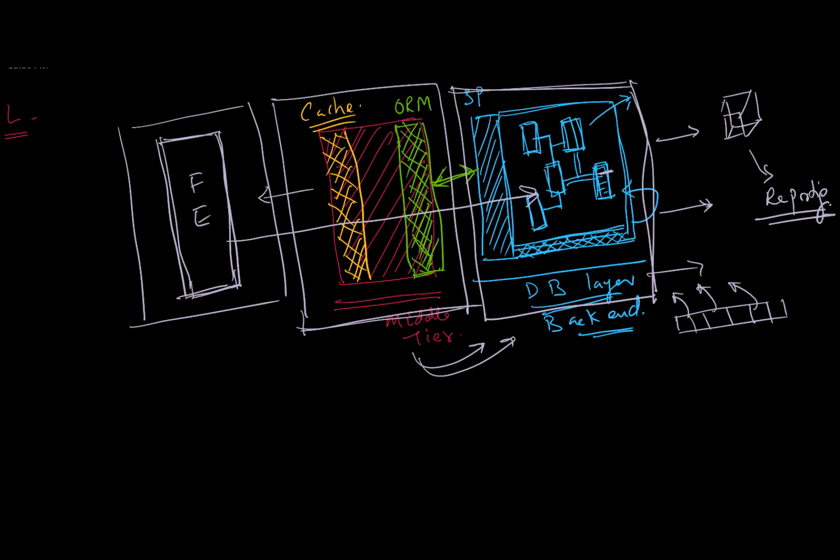Now let's see how the same solution will be implemented in CosmosDB or in the NoSQL world. So the first thing that happens is in the backend, in place of having these multiple tables, we will have plain simple JSON documents.